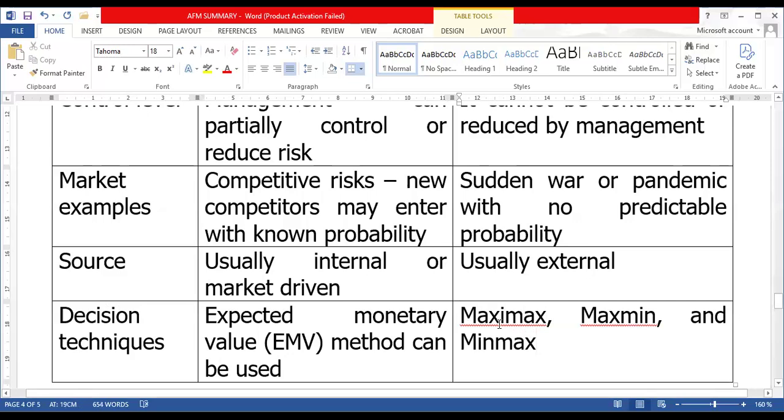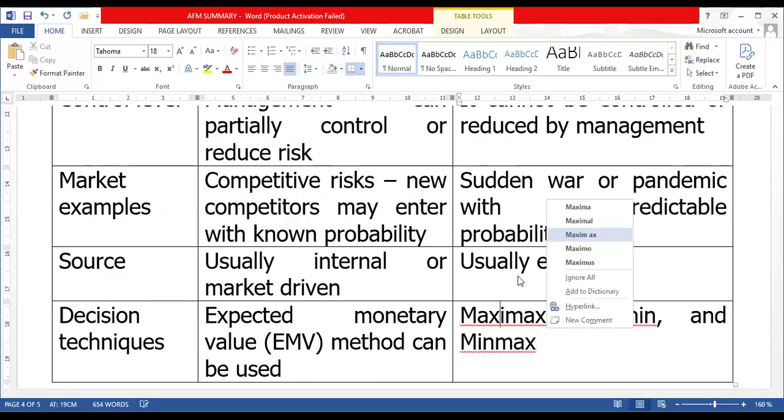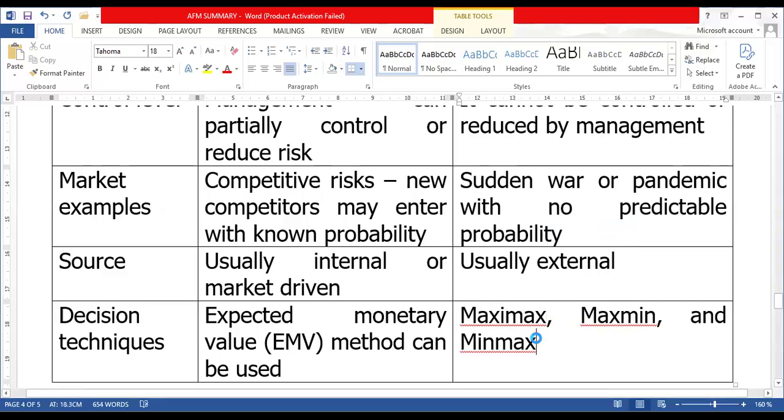You only apply these techniques in a scenario where you have no probability. These are the techniques used when handling a situation without probability. I believe these are easy to recall.